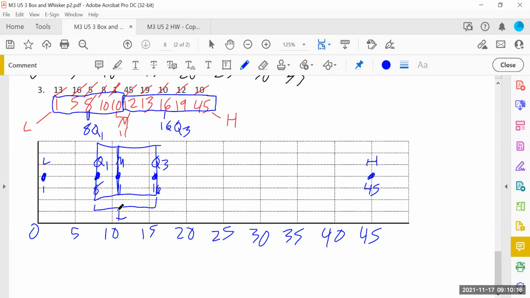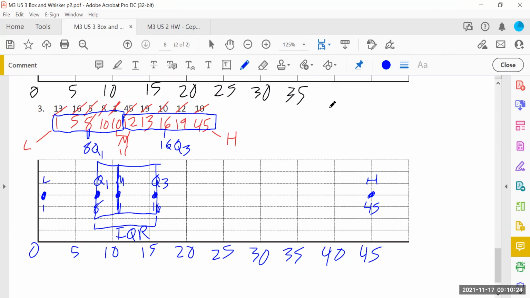This is my IQR, the width of my box. So in this case, IQR is 16 minus 8. 16 minus 8 is going to equal 8.